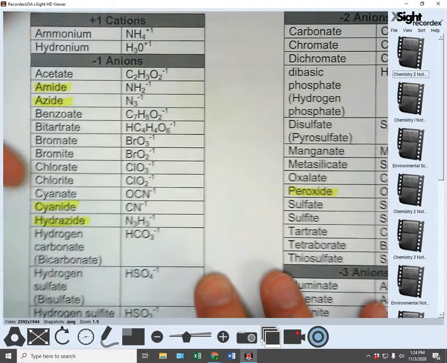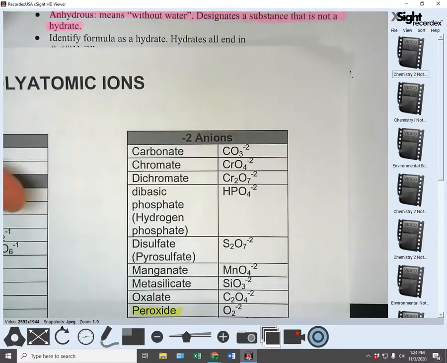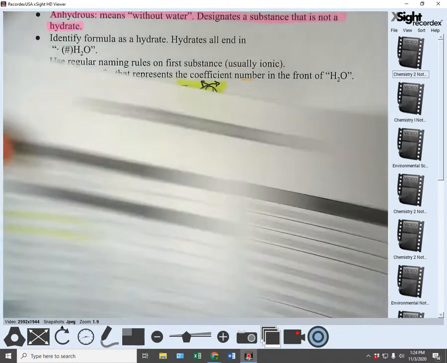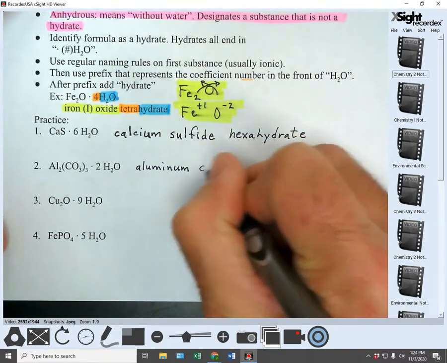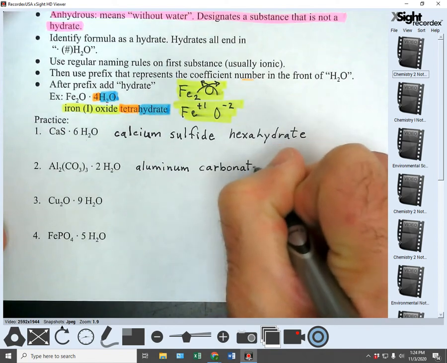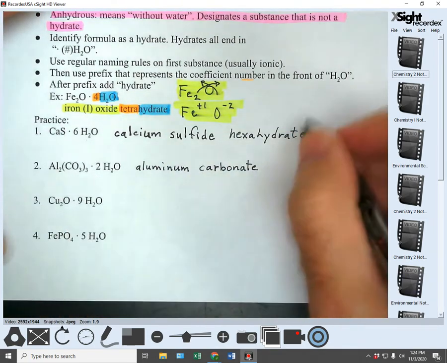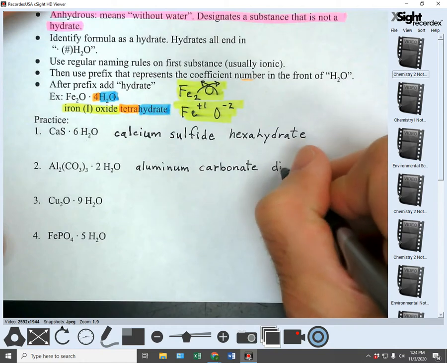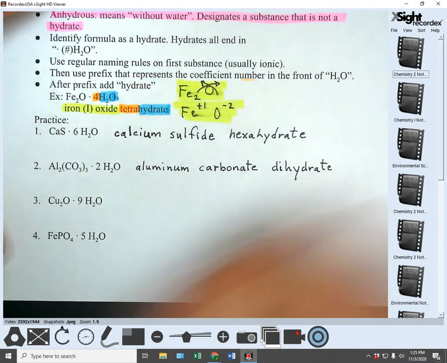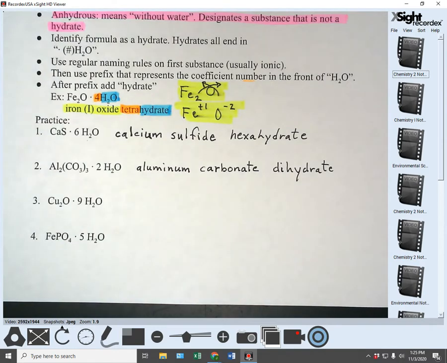We looked that up here. Let's see, where's CO3? Here we go. CO3 -2 is carbonate, so it's aluminum carbonate. Okay, 2 is di, and then hydrate. Aluminum carbonate dihydrate.